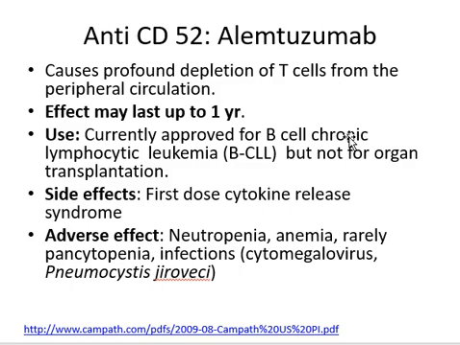Okay, the side effect profile is pretty wide. This drug in particular is associated with what's called the first dose cytokine release syndrome, which is exactly what it sounds like. Upon the first dose, all the cytokines from the current T cells, and T cells undergoing various phases of maturation, get hyperstimulated, and you get a cytokine storm, which is problematic.